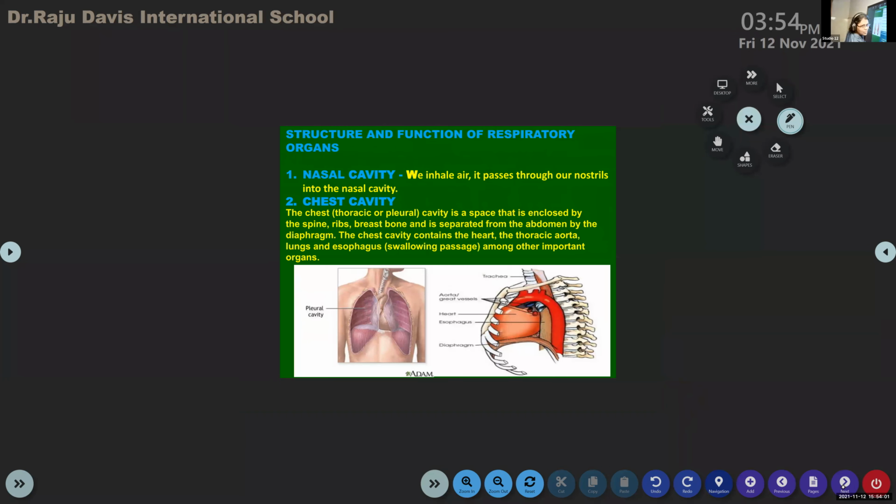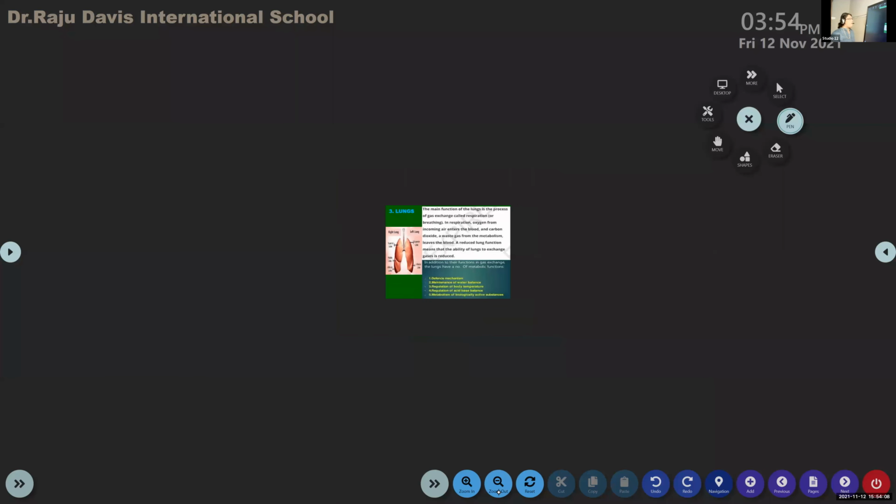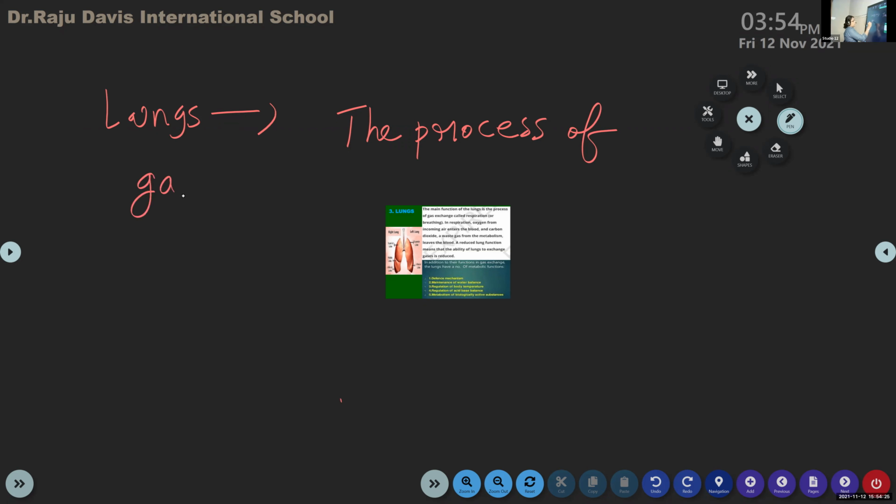So the next part we are going to learn is lungs. So write the heading, lungs. Third part is lungs. And what is the function of the lungs? The process of gas exchange.